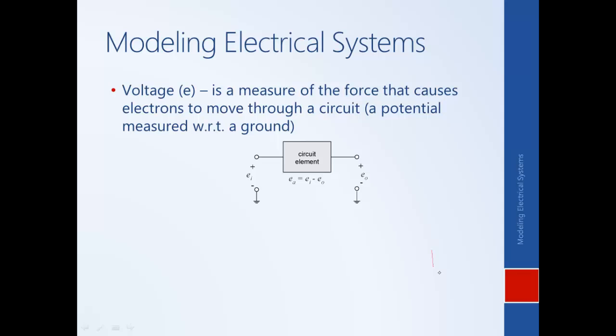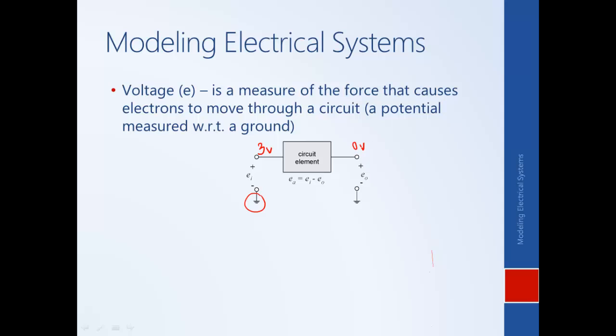If we talk about the voltage at this point in the circuit being 3 volts, really what we're saying is that it's 3 volts more than some ground reference, where ground is what we've defined to be 0 volts, and that's often represented with this symbol. So again, when we're talking about a circuit, what we really care about is the difference in voltage between two points in the circuit.